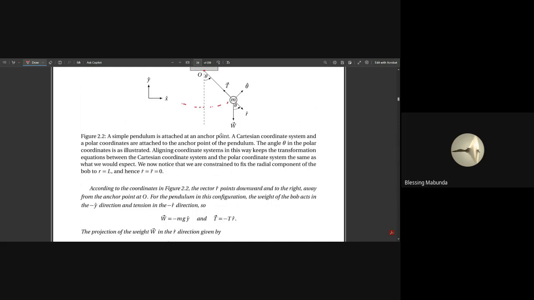And according to the coordinates in the figure, the vector r hat points diagonally downwards, away from the anchor point at O. For the pendulum in this configuration, the weight of the bulb acts in the negative y direction and the tension acts in the negative r direction. So remember, whatever points towards the center of the pivot point or the origin, that's going to be negative.